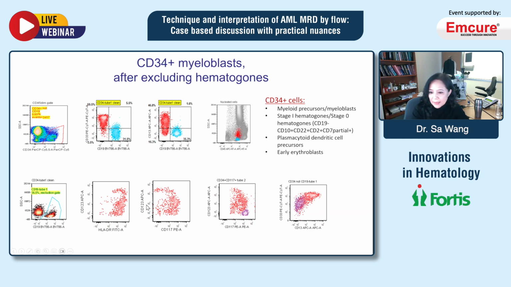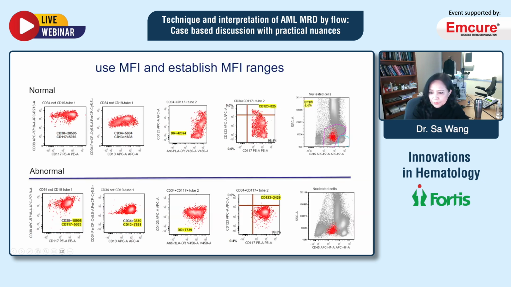What are you looking at in the normal CD34? It's not just one population. They show diverse differentiation. So we also incorporate fluorescence intensity to evaluate aberrancy. Not only looking at the patterns, we also look at MFI right on the plots. We insert a token. So this is the normal CD34 cells, and this is abnormal.